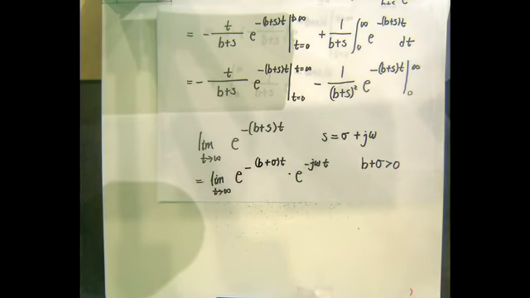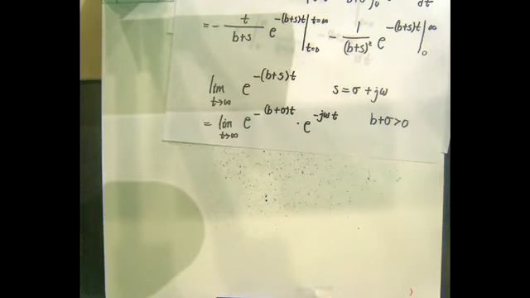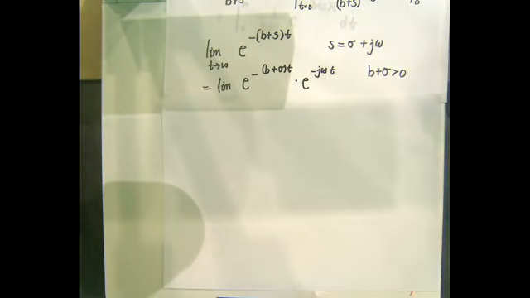So in this case, if my b plus sigma is positive, take the first term at t equal to 0, the t term will be 0. And take the second term, at t equal to infinity, it will be another 0. So this part will completely disappear, because when t equals 0, this one will be 0, and when t equals infinity, this part will be 0.